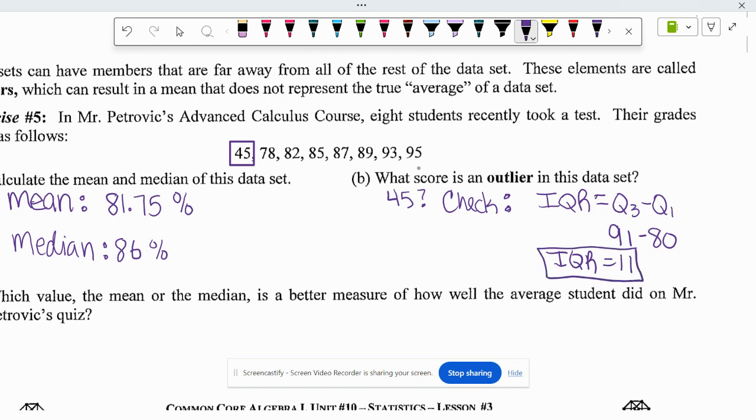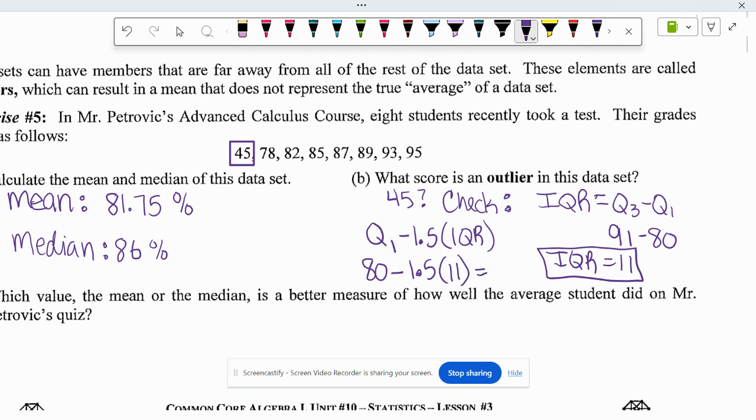Since we think our outlier is on the low side, we have to do the Q1 minus 1.5 times our IQR. So Q1, you told me, was 80 minus 1.5 times 11.